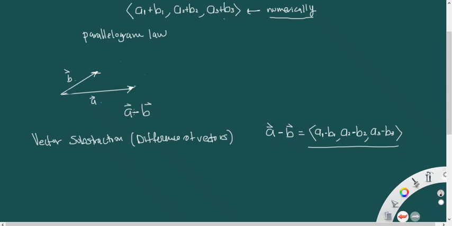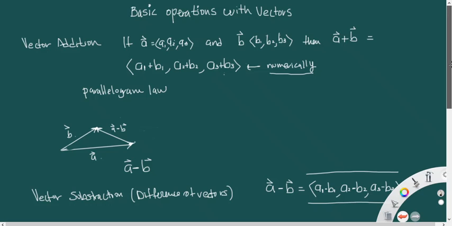So A minus B is just drawing this line. If you draw a line between these two points, you will have A minus B. So this is the numerical method, and this is the geometrical method according to the parallelogram law. And this is all for vector addition and vector subtraction.